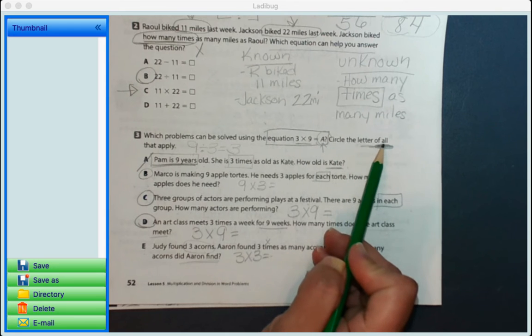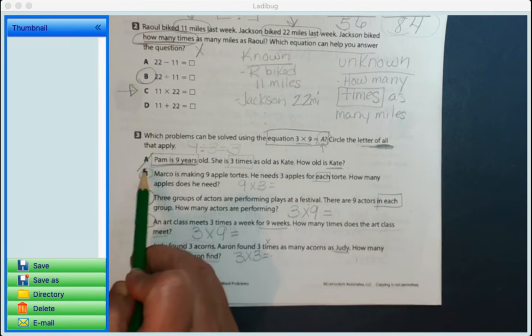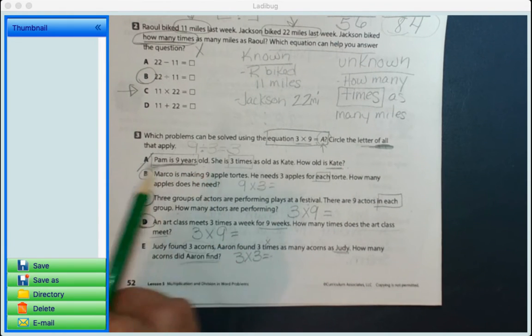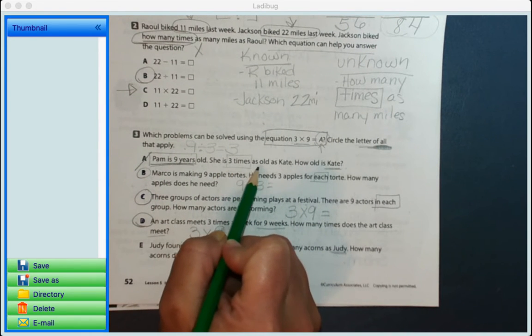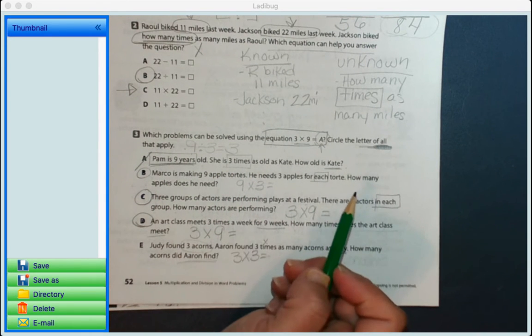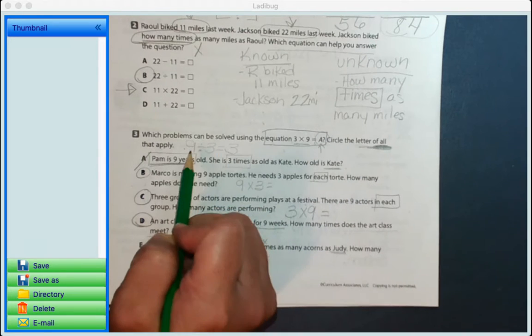Circle the letter of all that apply. So Pam is 9 years old. So we know Pam is 9. She is 3 times as old as Kate. So this is going to have to be a division because we already know her ending, that she is 9 years old. So A cannot be 1 because we would divide 9 divided by 3.